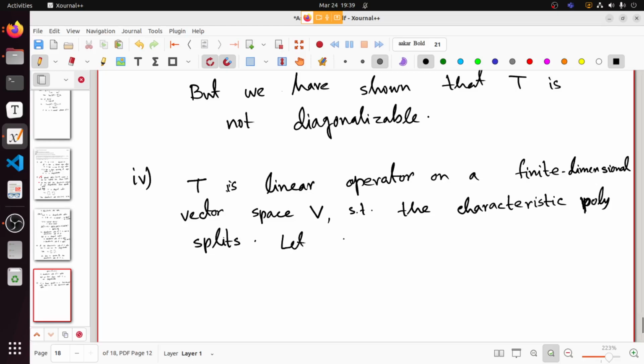Let lambda 1 up to lambda k be the distinct eigenvalues.